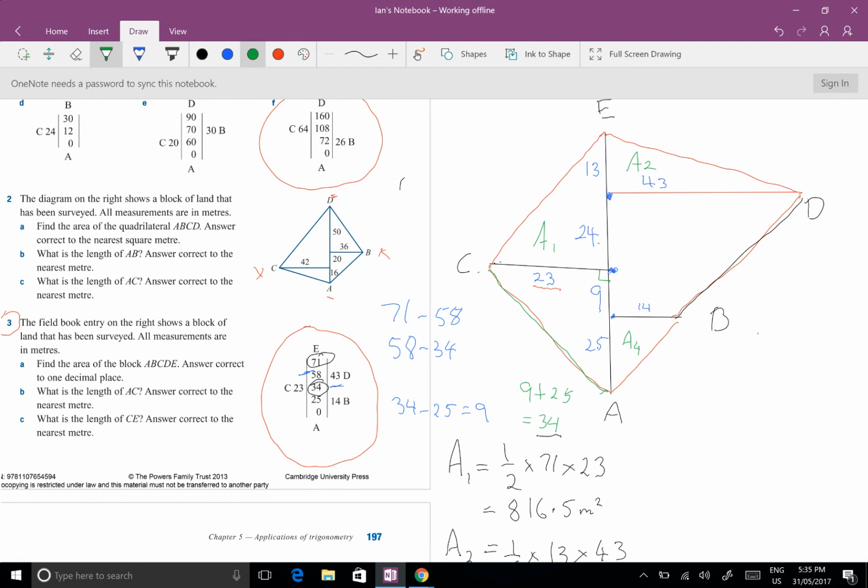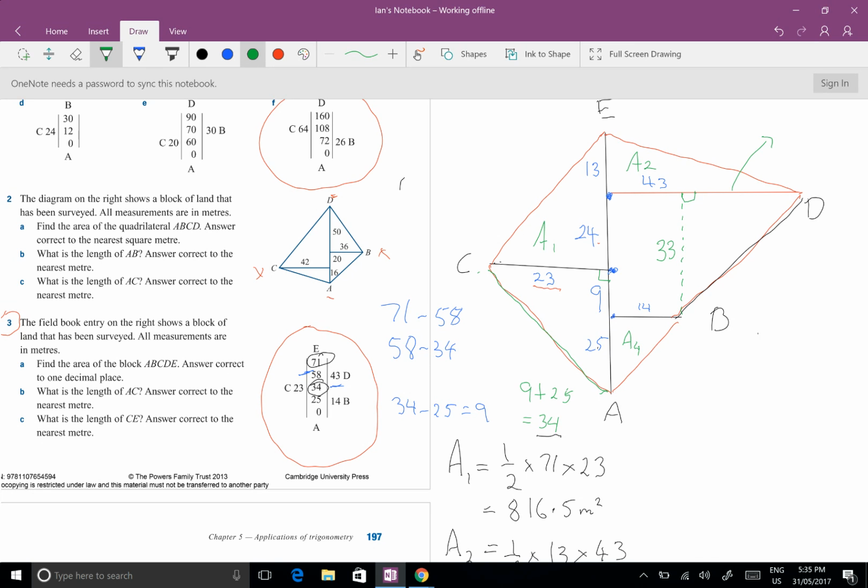Now, if I draw a line straight up from here, I get a nice right angled triangle in here. Now, I already know this distance up this straight line because it's 24 and 9, and we already calculated that, so that's 33. But what about this distance here?